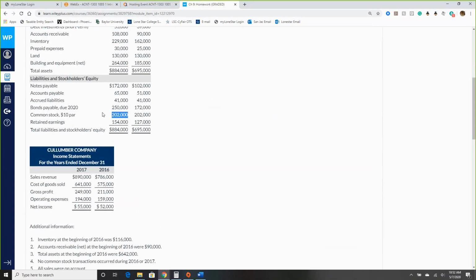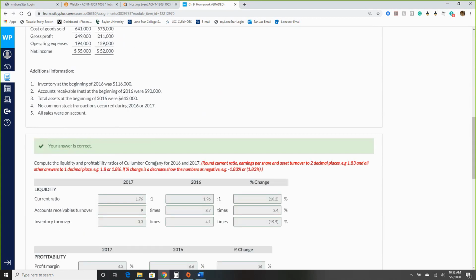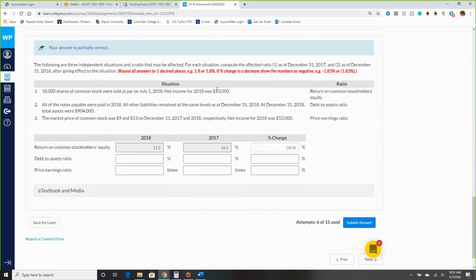That will get your 2018 retained earnings. This will be the beginning of 2018, since we only know income for this scenario. Add that to that. That will figure out your retained earnings, and then that will allow you to figure out the whole equity, then we can find the average. That was a lot of extra steps.